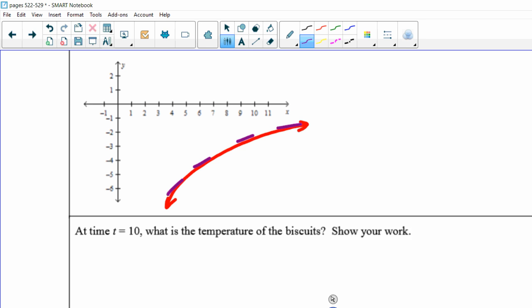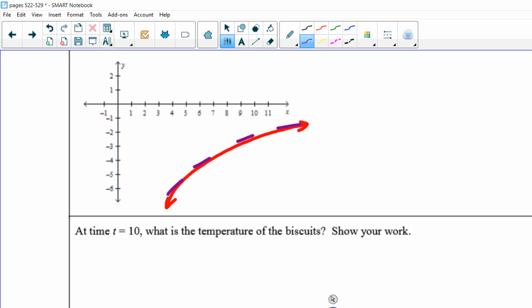Why? When is the temperature going to drop the most? Early after it's come out or an hour after it's come out? Early. Yeah. Right when the thing comes out of the oven, that's when the temperature is going to drop the fastest. That's why the slopes closer to time zero are steeper.